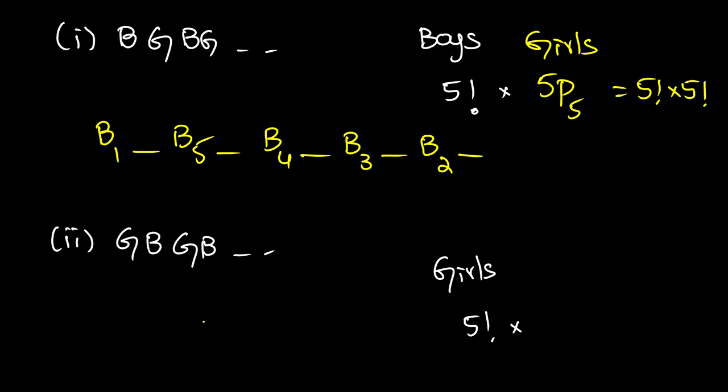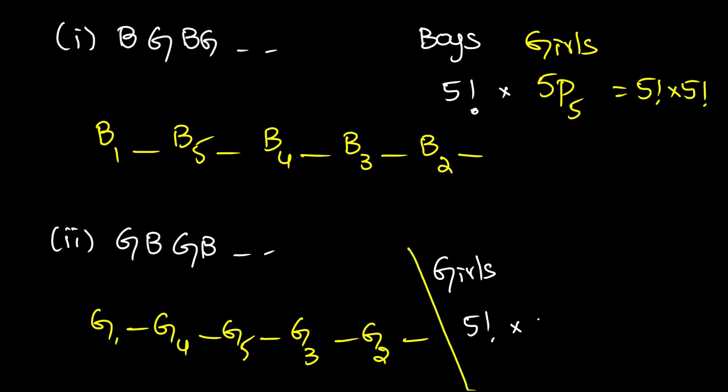Next here also girls. So we have 1, 2, 3, 4, 5. Here also I am not taking the before slot because again that will cause duplication. 5 boys, 5 slots, 5P5, 5 factorial into 5 factorial. Listen, I can start with boy or start with girl.